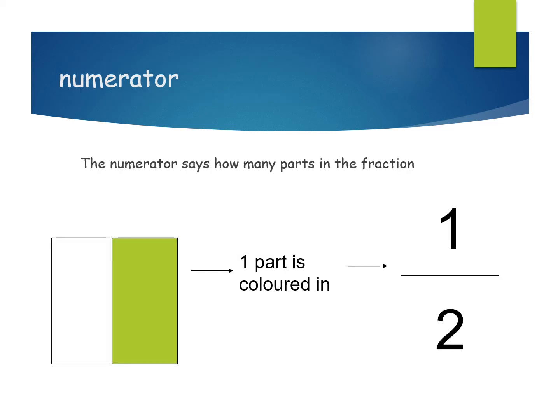Numerator. The numerator says how many parts are there in the fraction. Like in the figure given here, we have 2 equal parts. So the denominator will be 2. But out of 2 equal parts, how many parts are shaded? Yes, only 1 part is shaded. So the numerator will be 1.